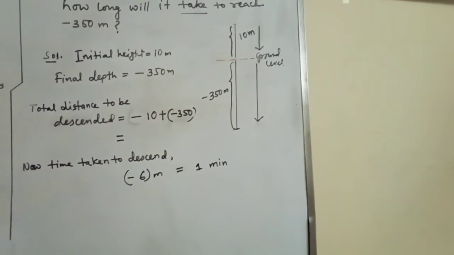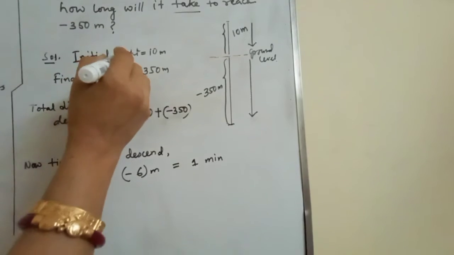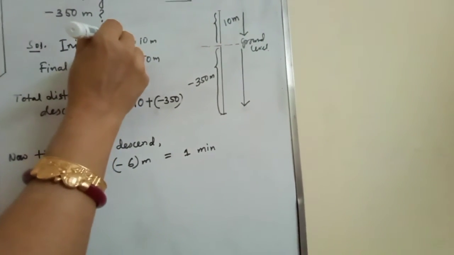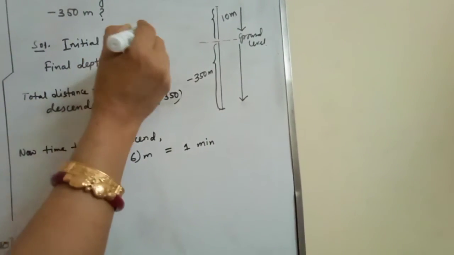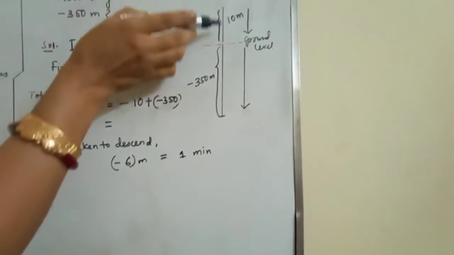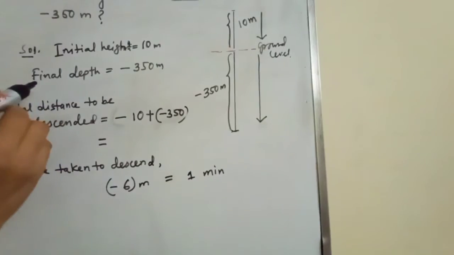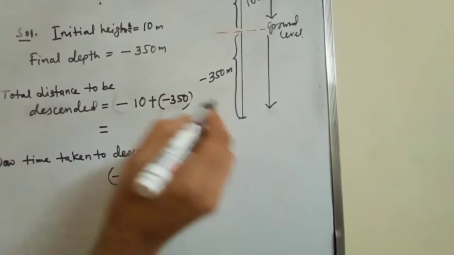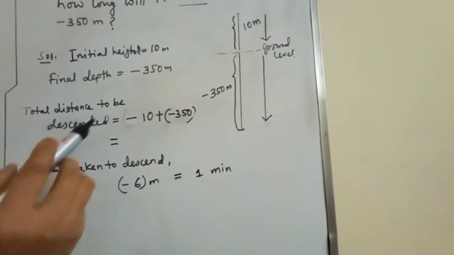Now how can you do this sum? We have to find the initial height. It is 10 meters because it is above the ground level, and finally it has to reach minus 350 meters. It is given in the question.